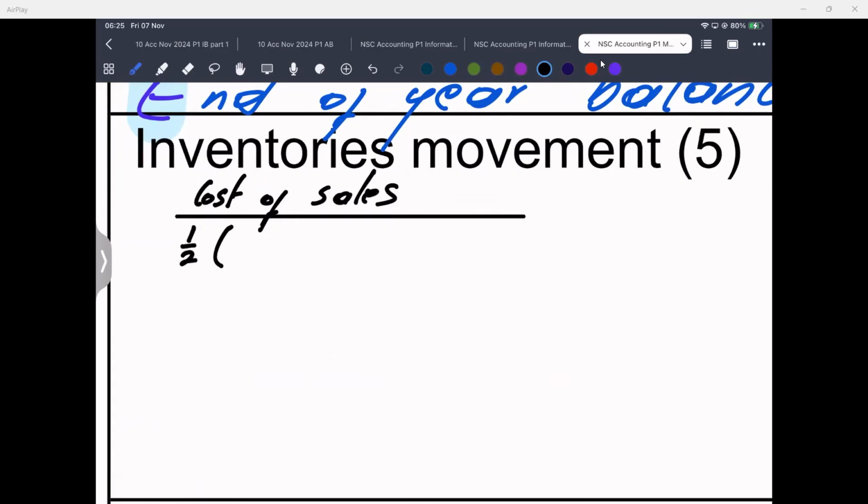divided by average inventory, which is made up of inventory at end of year plus inventory at beginning of year. But all of that you divide by 2.